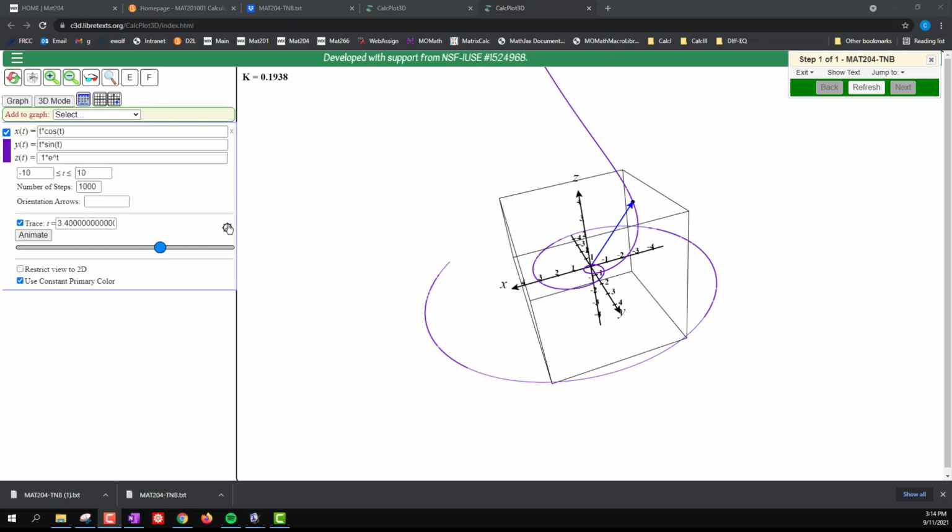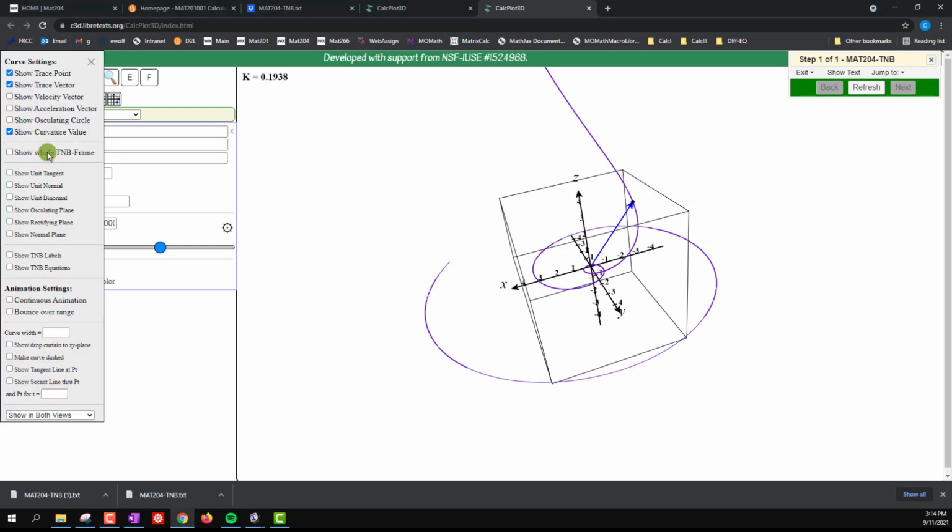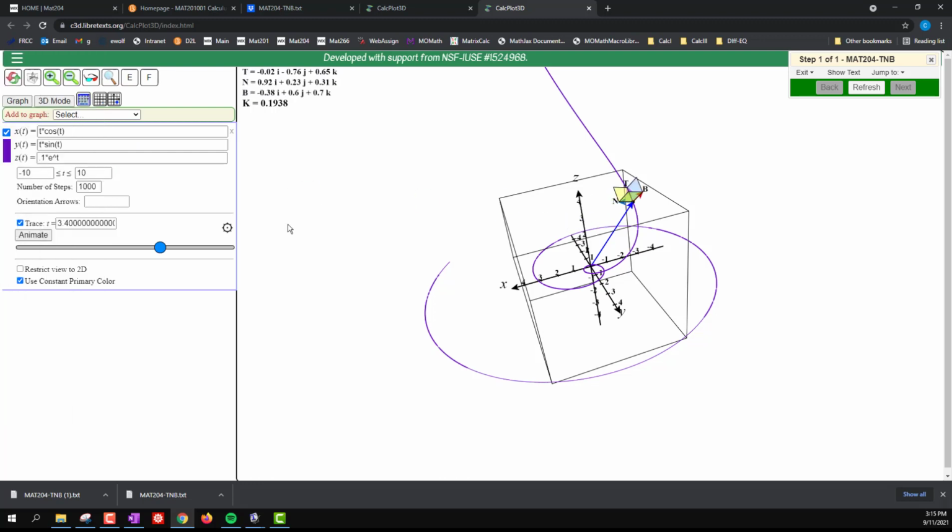So folks, the final thing I want to show you is torsion. If we look at this, I'm going to ask it to display the whole TNB frame. So here you can see the entire TNB frame has been displayed. Let's move it to where it's a little easier to see the components, maybe right here. Here's our unit tangent vector, which is always pointing in the direction of motion.